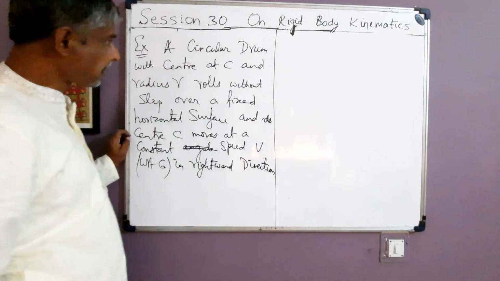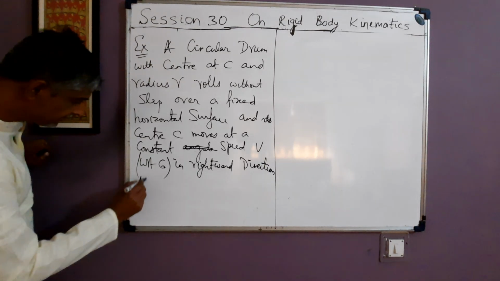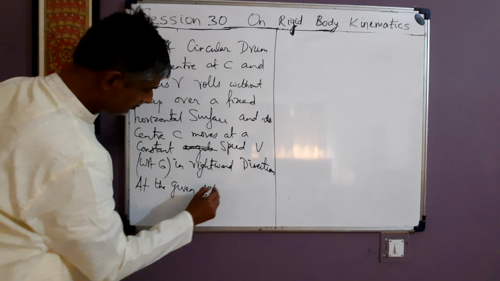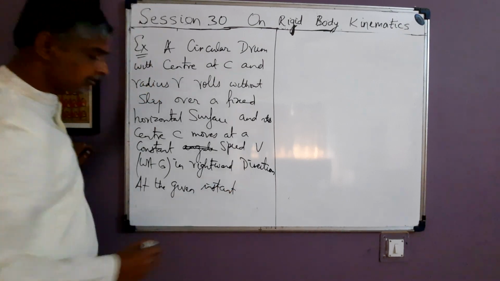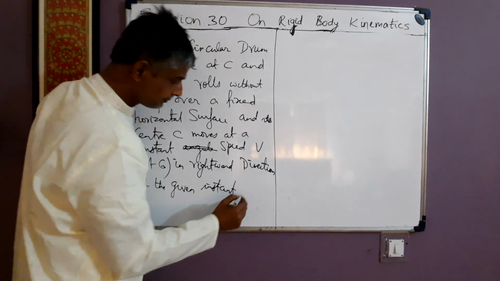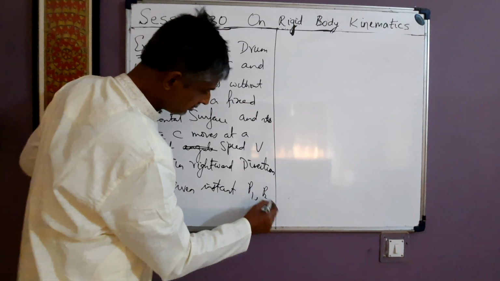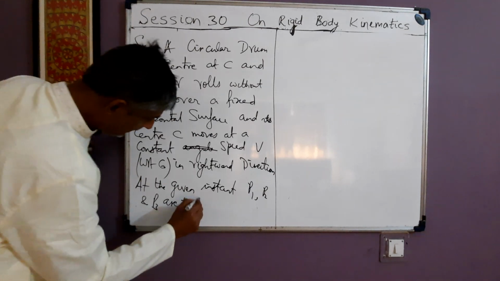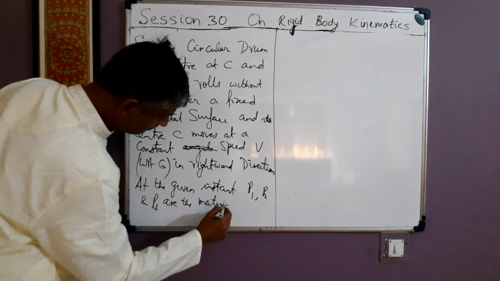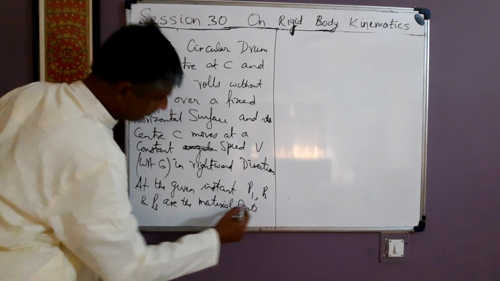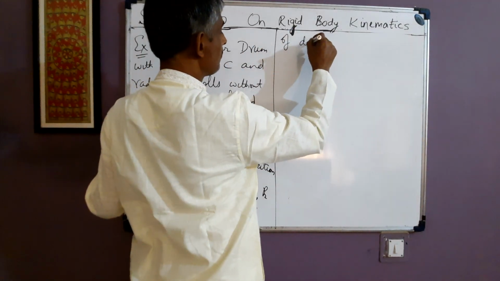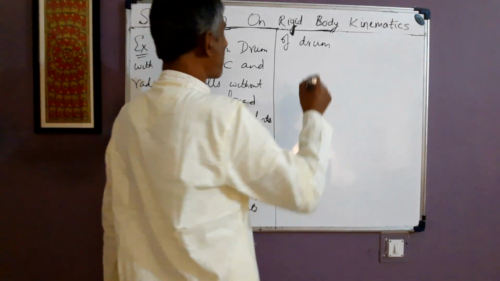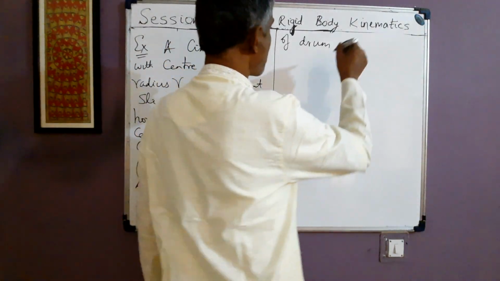At the given instant, P1, P2 and P3 are material points of the drum situated on its circumference.